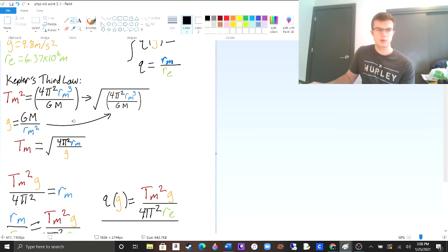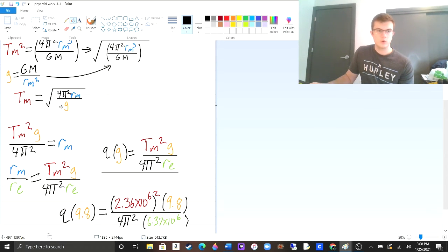So we can actually plug this in, because you can just flip these and it's equivalent to 1 over g. So we can plug that in right where there's the gravitational constant and the mass of Earth, and it will give us that our orbital period is equal to the square root of 4 pi squared times our orbital radius divided by gravity.